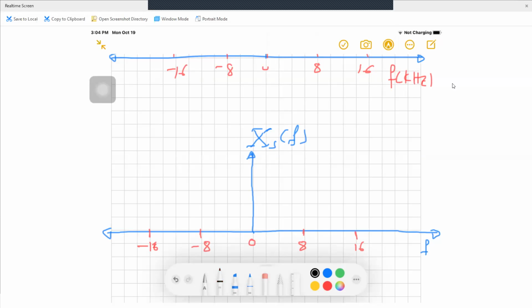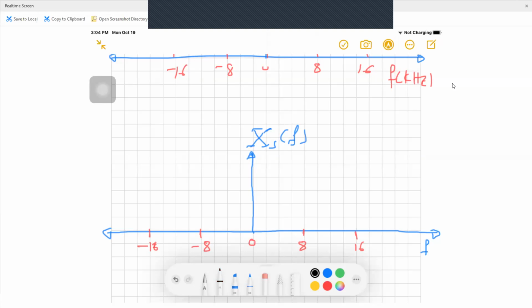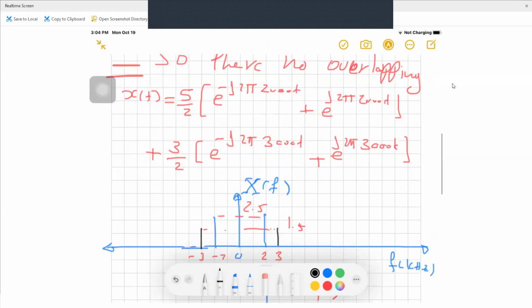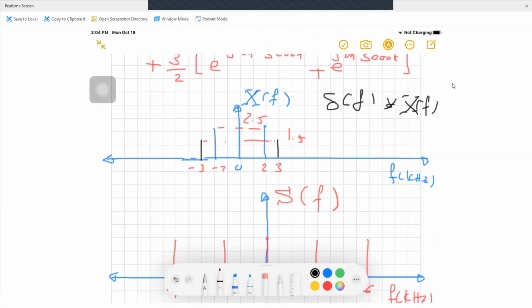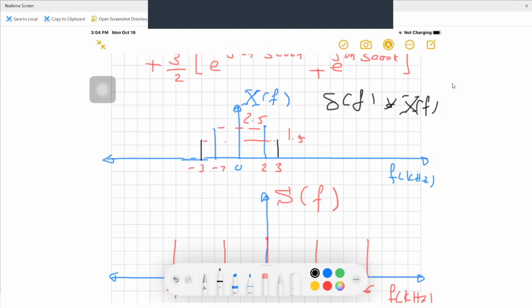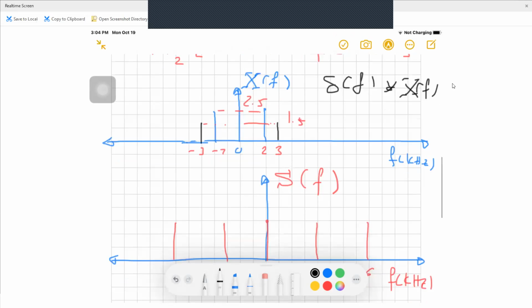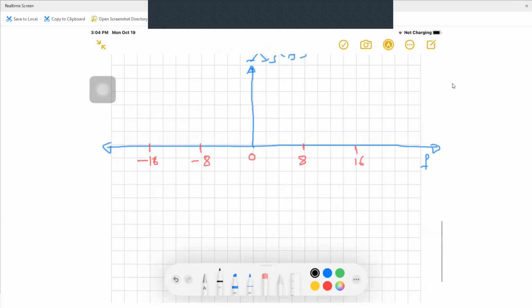Starting with the first one, performing the convolution between delta of F and X of F will be X of F itself. So we have the same copy of this figure at the beginning.